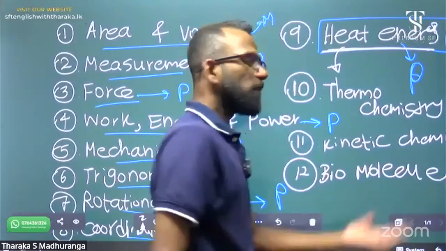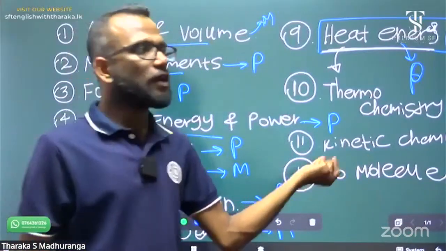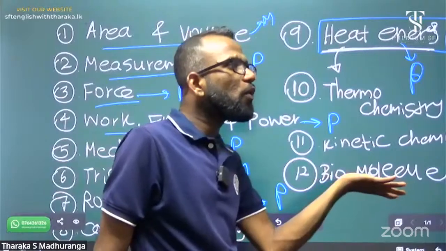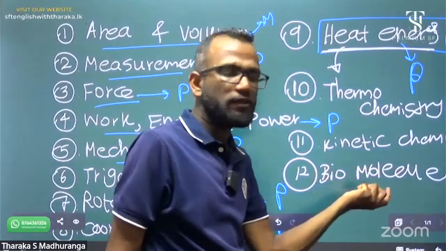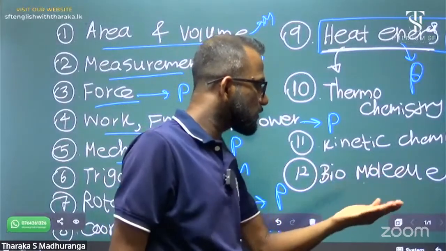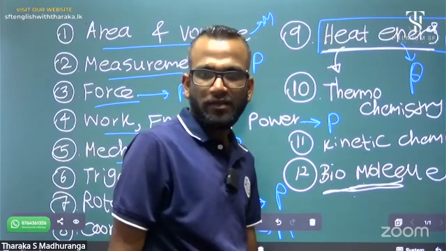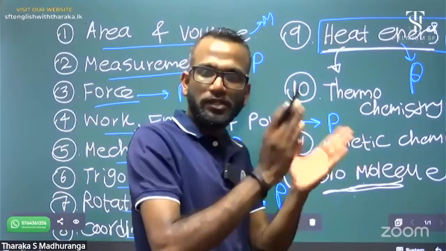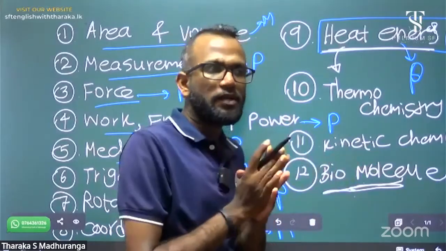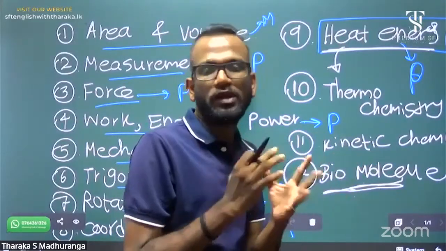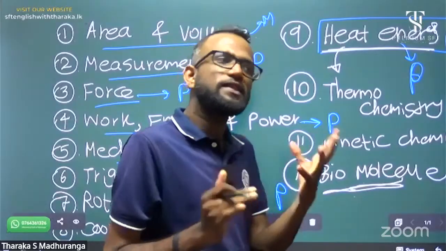Okay, that's our plan. Let's try to complete before August. Up to August in the calendar, but at least if we can complete up to this level, the remaining part is very easy. Only industrial chemistry, natural products and environmental chemistry remain. They are very simple and short lessons, and only theory.